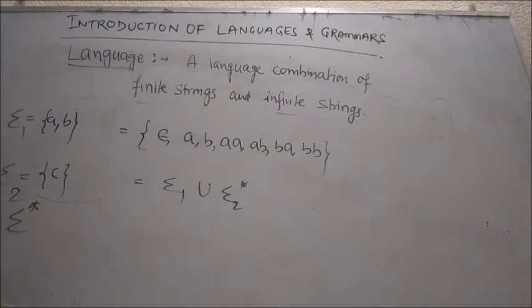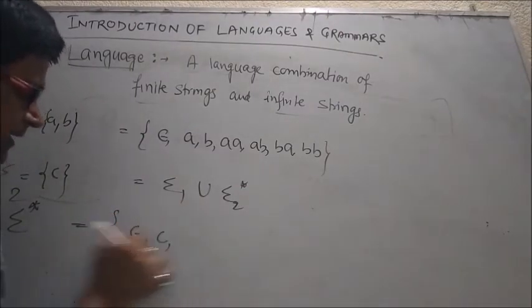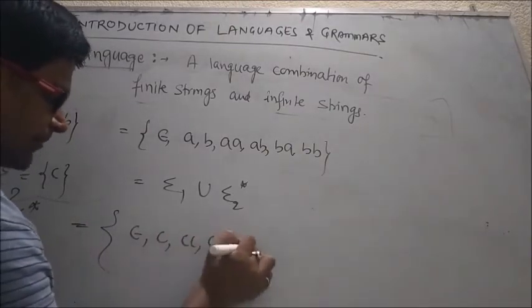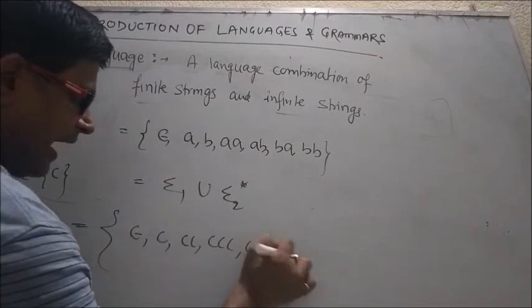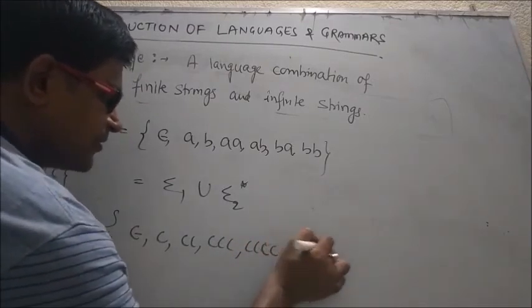So in this case, what will be the string? The strings will be epsilon first, second will be C, 2 instances of C, 3 instances of C, 4 instances of C, and so on.